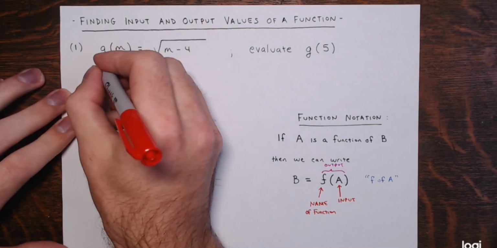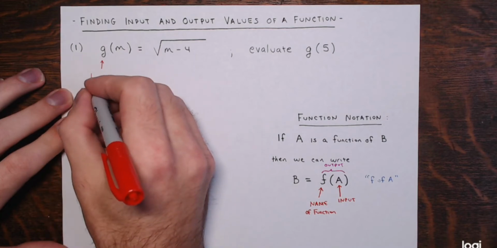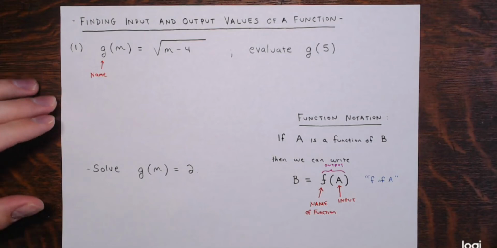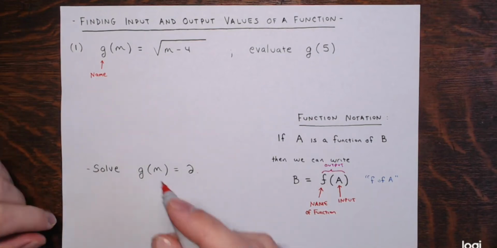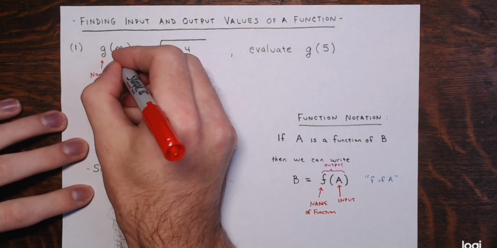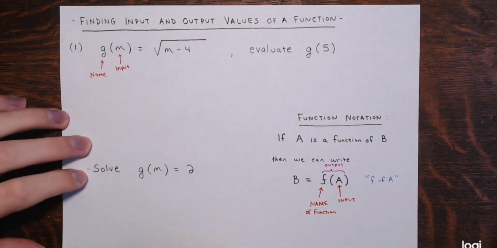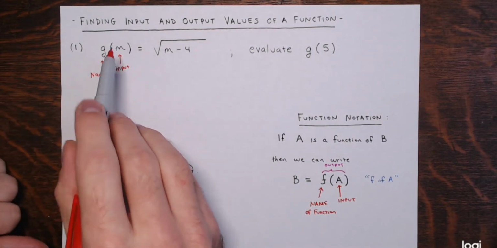All right, so again, g is the name of the function. This function's called g. That's being represented by this equation. The input variable, my input values are going to be this m.